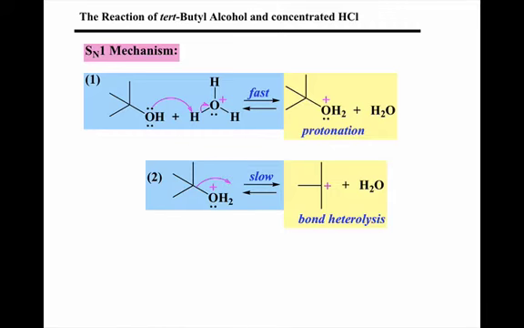Why is that the slow step? That's true. But why is that the slow step? Water's a pretty good leaving group. Pardon? I've got to break a bond, and all bond breaking events are endothermic or exothermic? Endothermic.